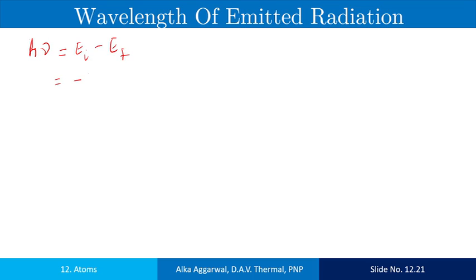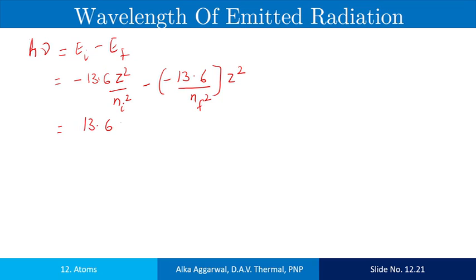As you know, it is equal to minus 13.6 Z square upon ni square minus, minus 13.6 upon nf square into Z square. Taking common, the relationship becomes 1 upon nf square minus 1 upon ni square.